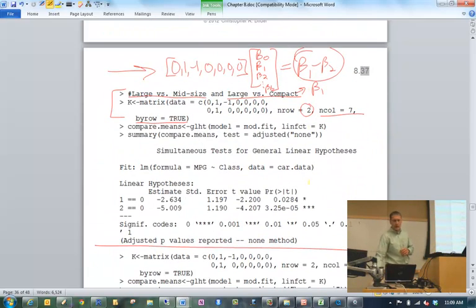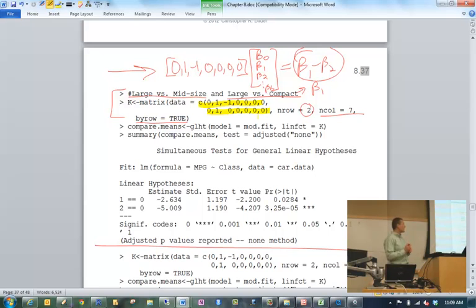Also last time we talked about how one could do multiple different calculations like this at the same time, where now we just enter an additional row into my matrix. In particular, the second row here corresponds to the large versus compact car comparison.